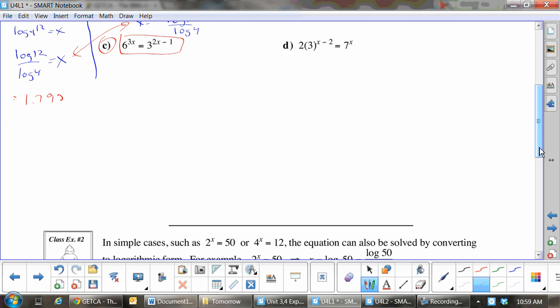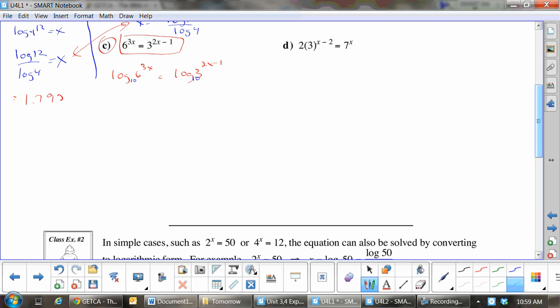So, right away, do I know the first trick to free those x's? Move them up. So that would be log 6^3x equals log 3^(2x minus 1). And if you're more comfortable, you can put the little 10's in there.